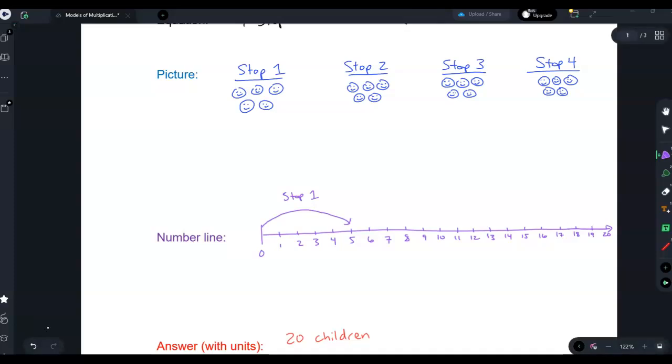And then let's go to stop number 2. So then we're going to do another 5 kids. So 1, 2, 3, 4, 5. That's going to take me to 10. So now that's stop 2. And then 5 more would get me out to stop 3, which is 15. And then finally 5 more. And you can just see where we end up. So we end up with 20. So that's our answer.